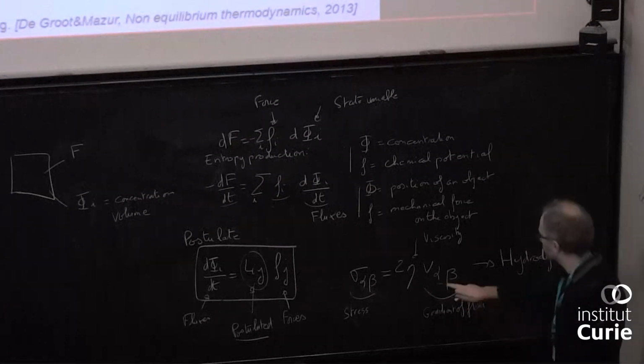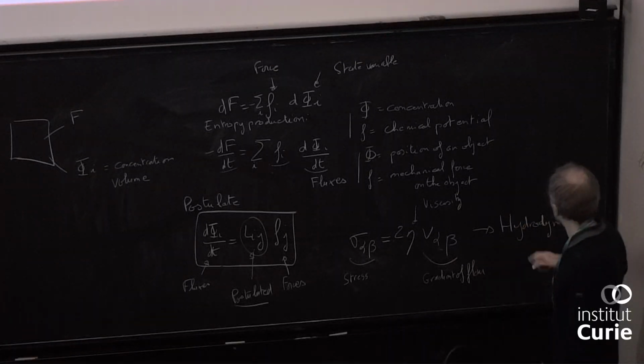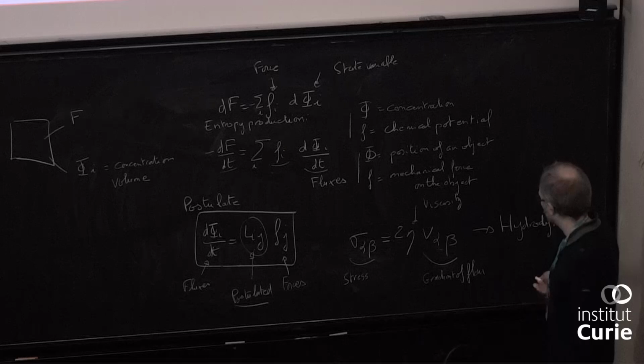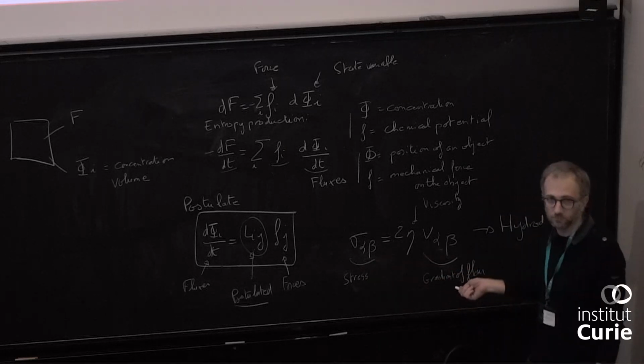It sounds maybe a bit simple, but in fact it works really well, because all the hydrodynamics, the description of water and air, are all based on first writing down this equation, which is postulated.